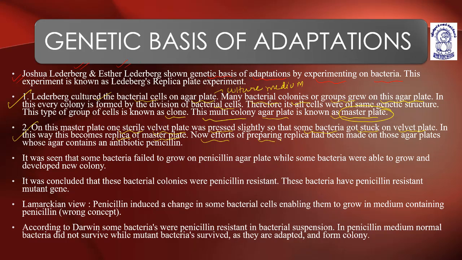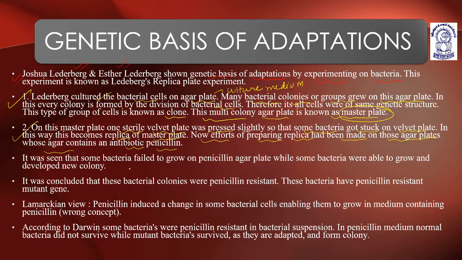Now, efforts of preparing a replica were made on agar plates whose agar contains the antibiotic penicillin. The velvet plate is pressed on the master plate, the bacterial colonies get stuck on the velvet plate, and now they are grown on the penicillin medium.